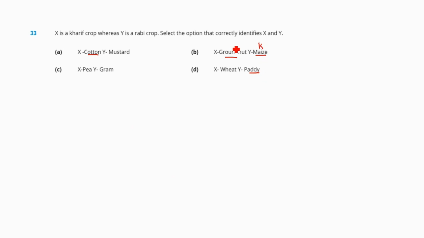I'll just write K here. While mustard, pea, gram, and wheat, these are the rabi crop, right? So our correct answer is option number A, that cotton is a kharif crop and Y, mustard, is a rabi crop. So A is the correct answer.